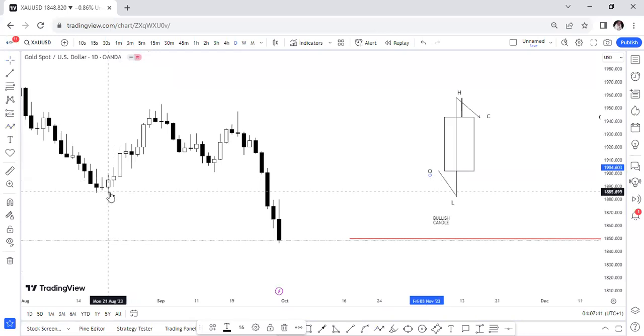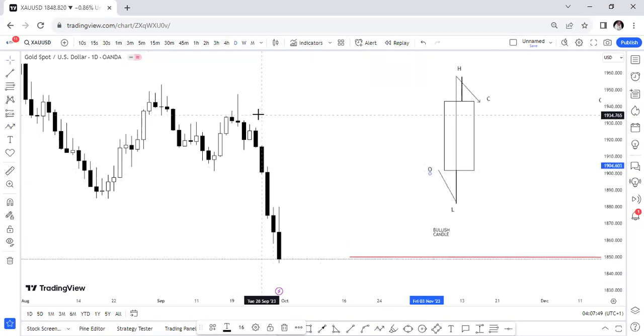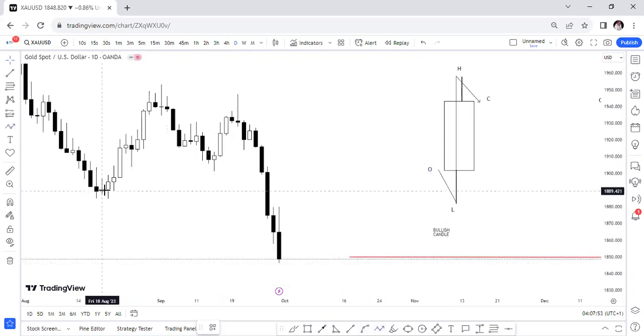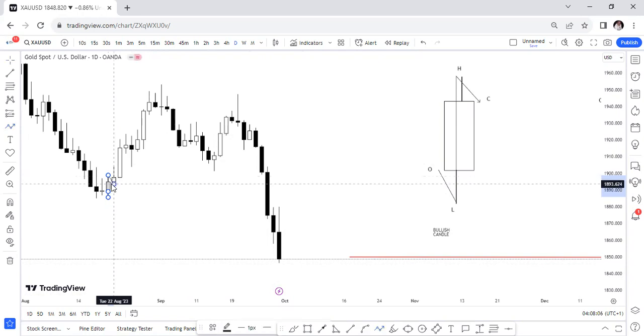You can see this is bearish. This is the bullish candlestick, representing the number of buyers in the market. So price opened here, went lower, then started moving higher, then closed here.